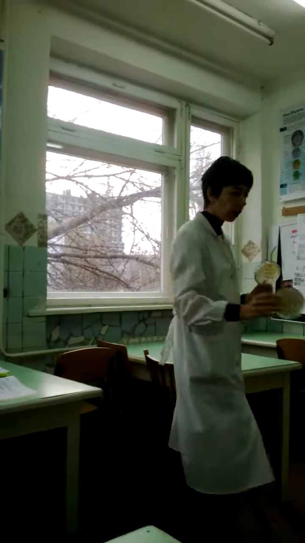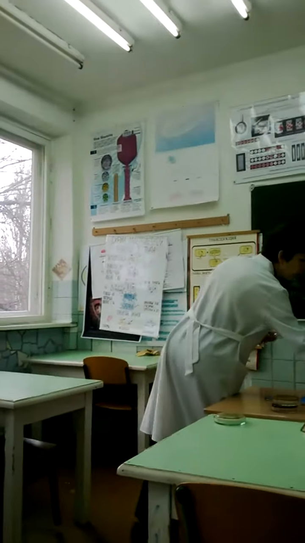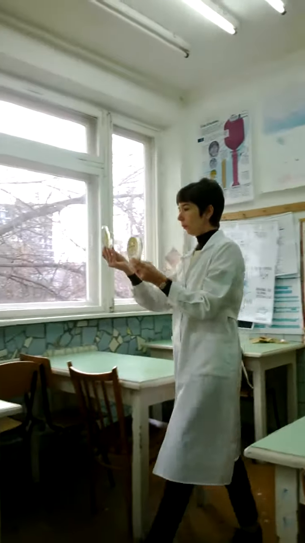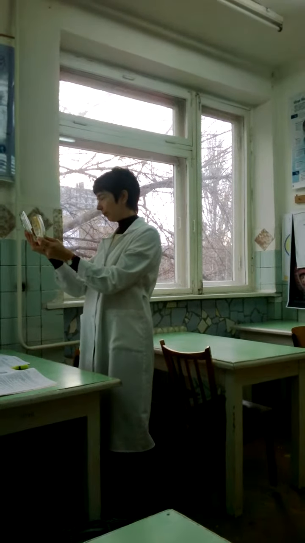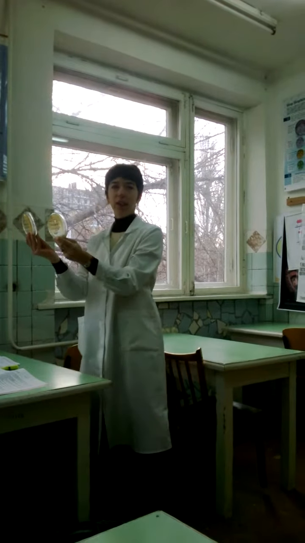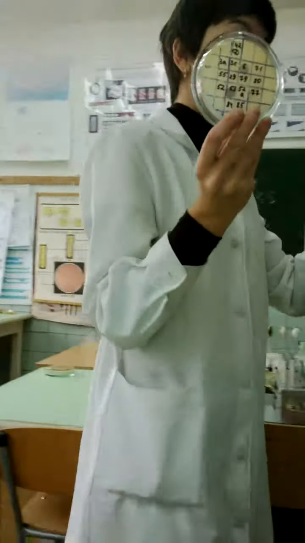But if you take another petri dish, and it's 6, 7, 53 and 77, then it's the same phagotype. What does it mean? It means that, for example, for these patients, the source of infection is this bacteria, because it's the same phagotype. It's a very specific property. Is it clear?